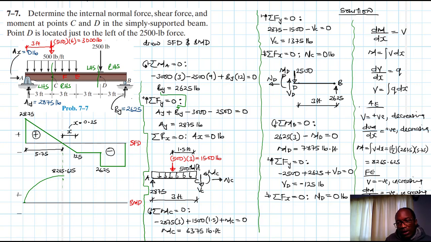And its magnitude is just the area under the shear load diagram, which is equal to half times 0.25 times 125, minus 125. This gives us 0.5 by 0.25 times 125.